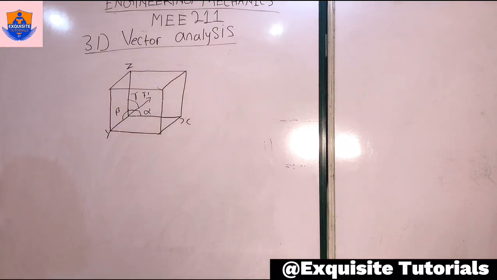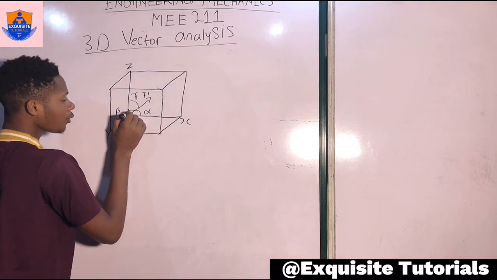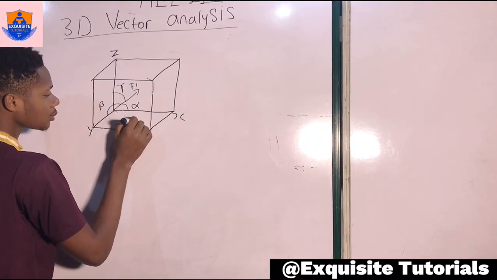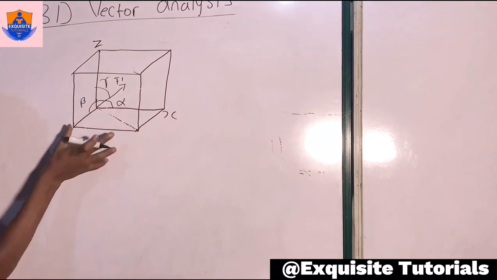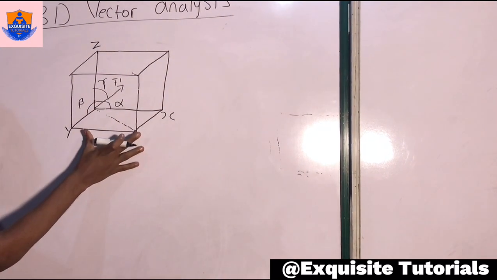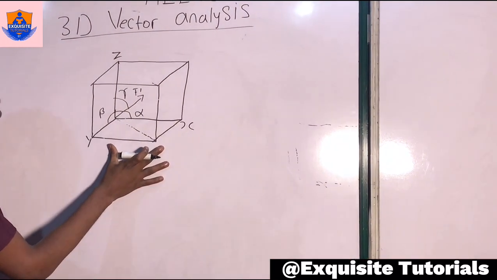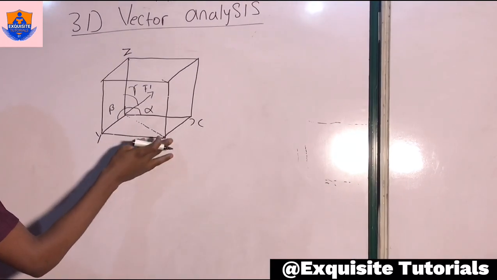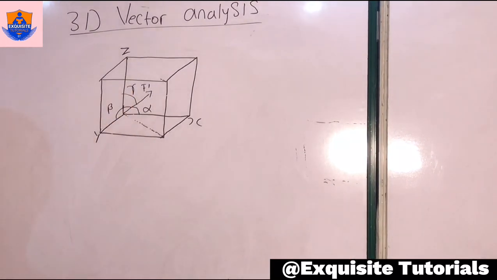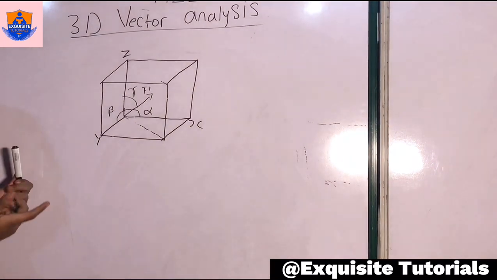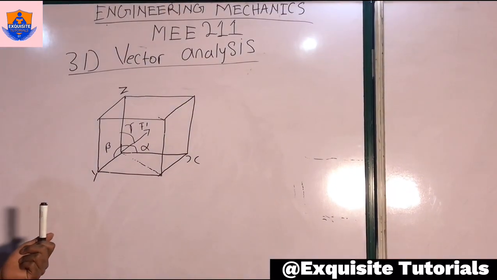Now, to resolve this force into the various components, all we have to do is first of all resolve it to this bottom part, using one of the angles. The angle I'm making use of in this case is the angle gamma. Now remember, when resolving vectors, when you're opening vectors, what we make use of is sine.